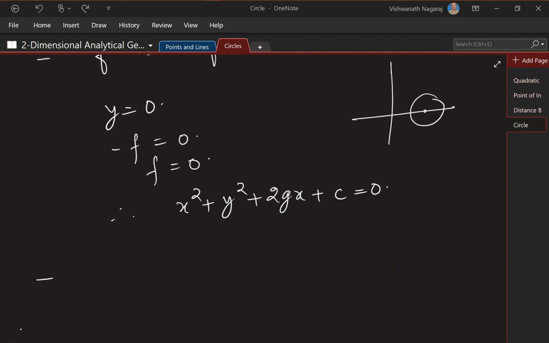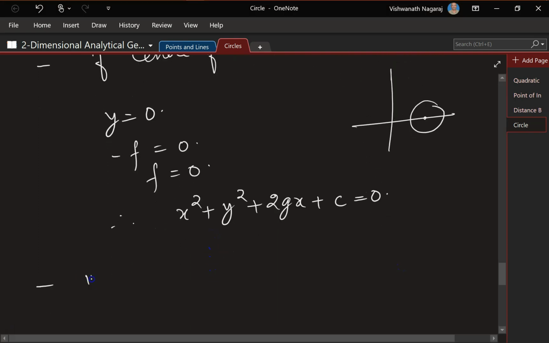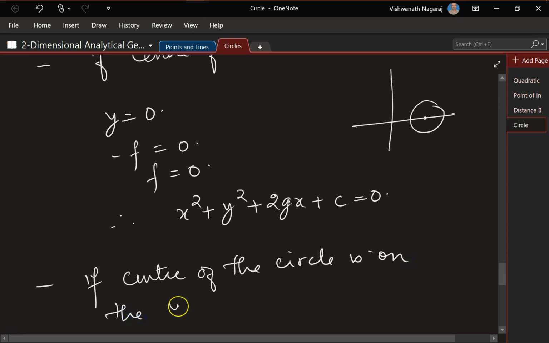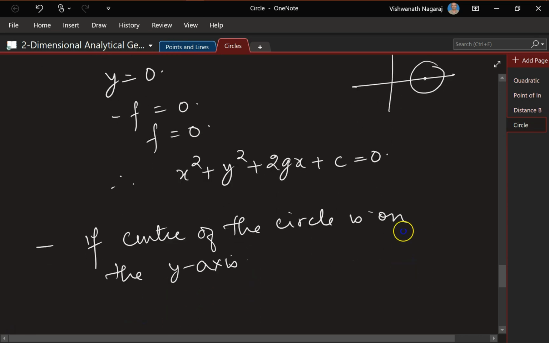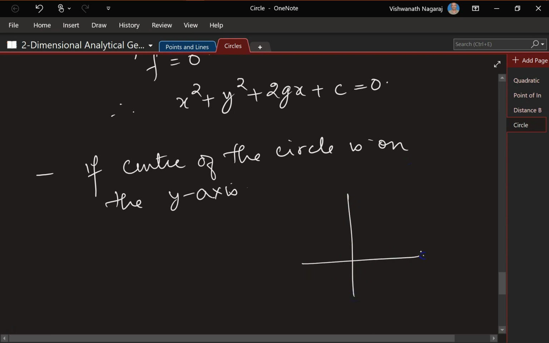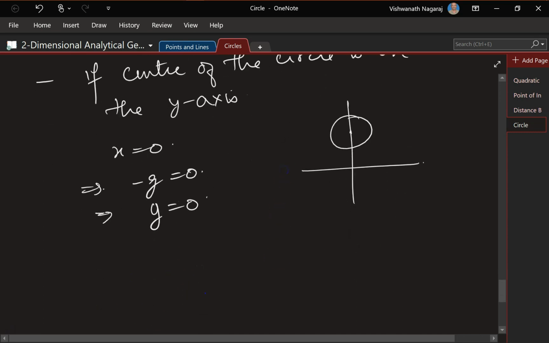Similarly, if the center of the circle is on the y-axis, then x equal to 0, which implies minus g equal to 0, which implies g is equal to 0. So the equation would become x square plus y square plus 2fy plus c equal to 0.